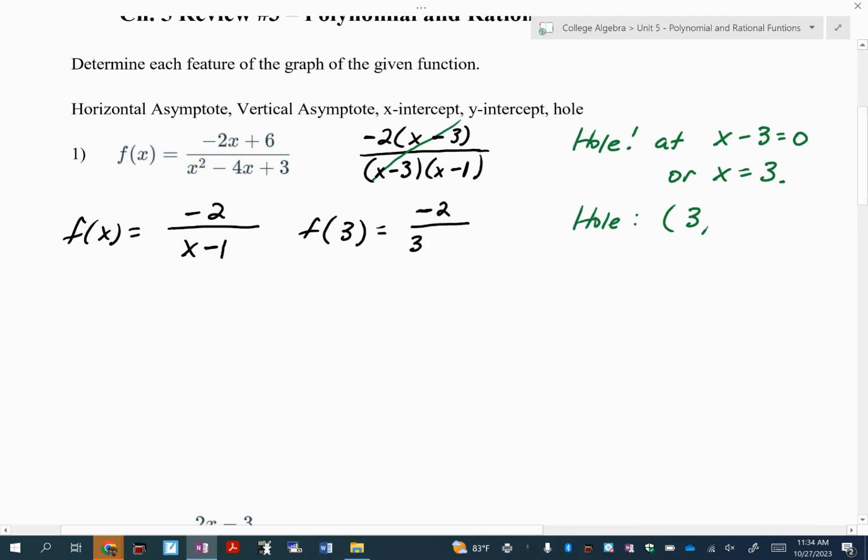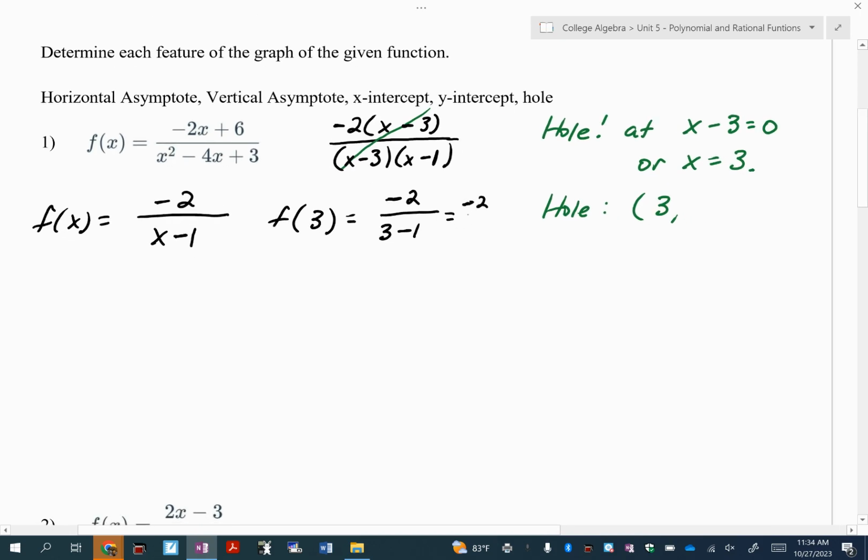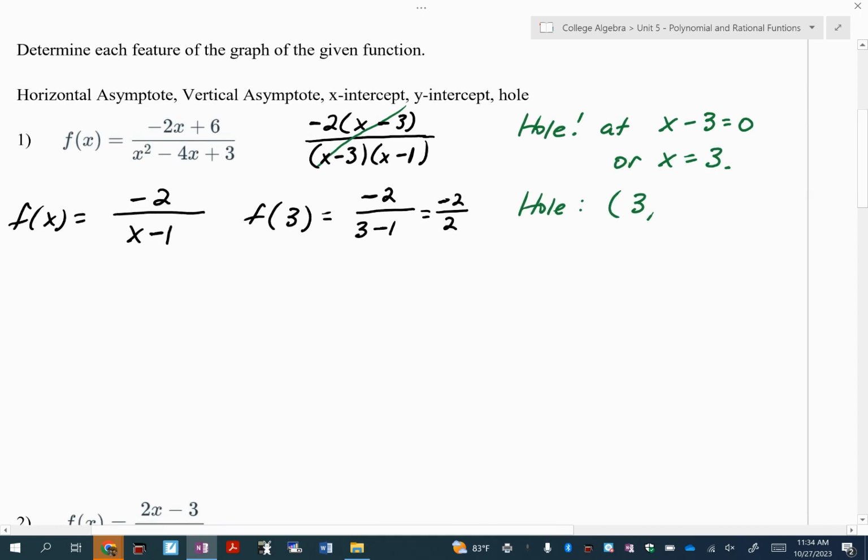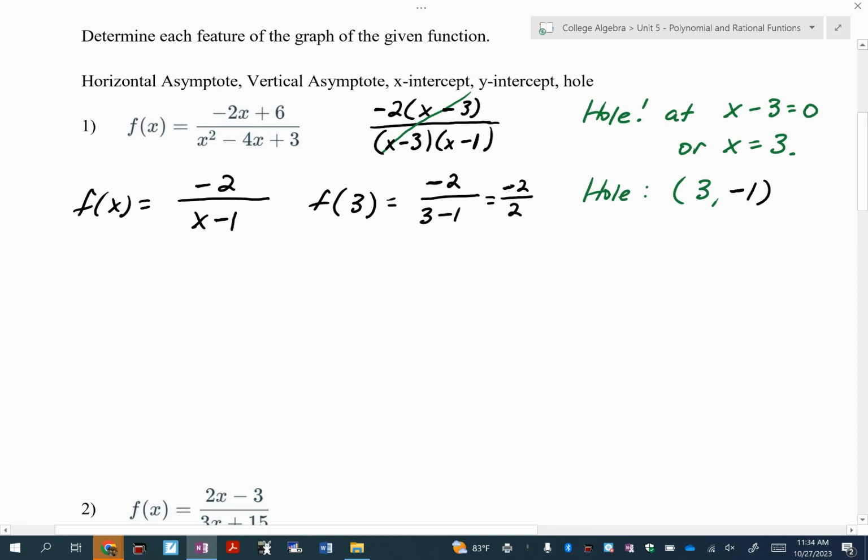So if I plug in 3 where it says x, I get -2 over 2, which when you reduce that, you get a y value of -1. So that's how you find the hole if there is one, right? If you don't cross out any common factors in the top and the bottom, then you just don't have a hole.